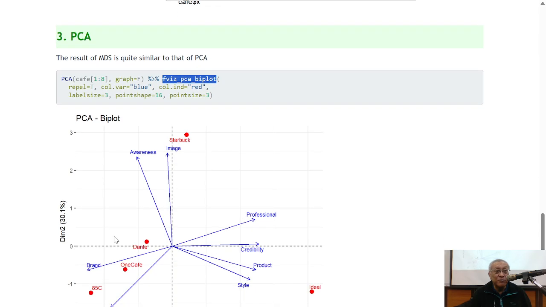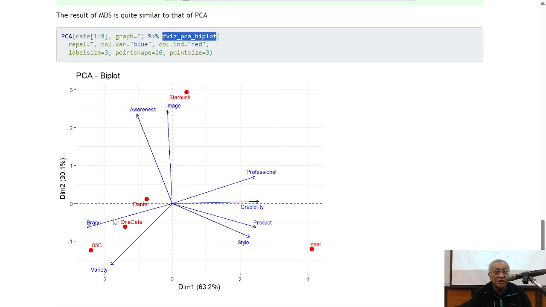So in a PCA, you can compare yourself with your competitor in this 8-dimensional space. And as I said, when you compress the 8 dimensions into 2 dimensions, there will be some information loss. But in this case, the information loss is very minimal.